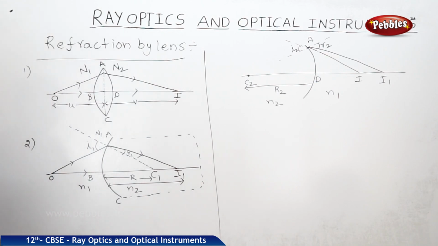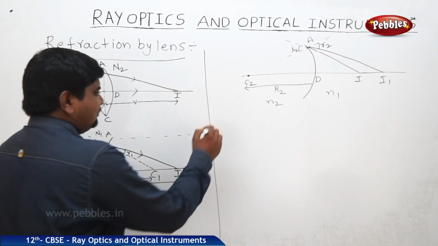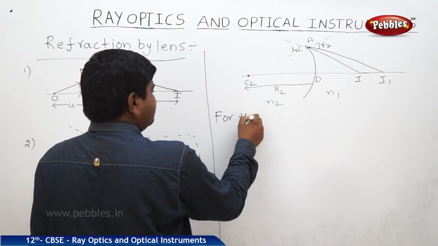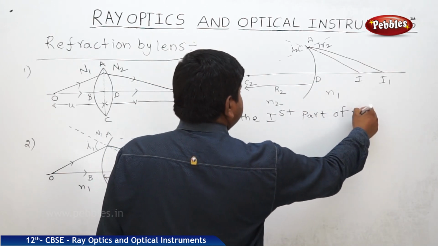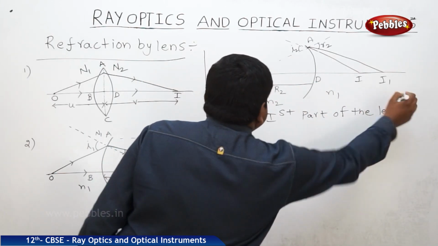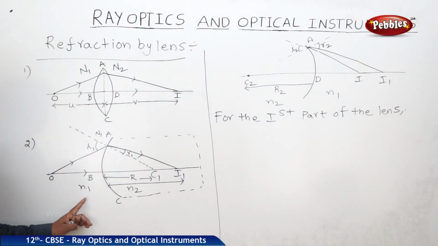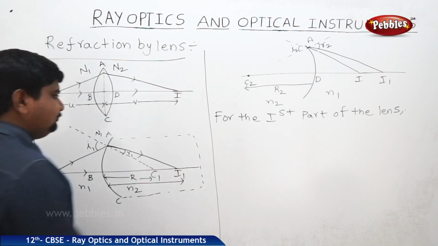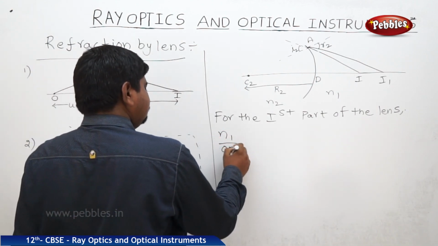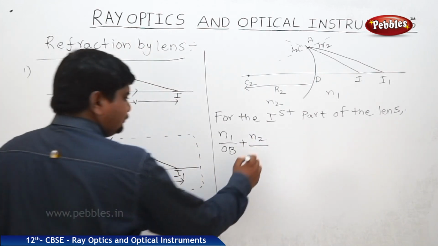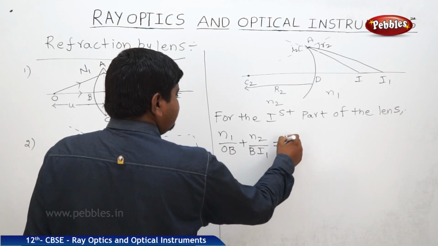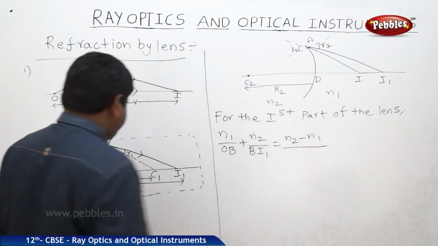So what are the equation parts we can see? For the first part of the lens, you can write n2 by v minus n1 by u is equal to n2 minus n1 by R. So like this, n1 by OB plus n2 by BI1 is equal to n2 minus n1 by BC1.